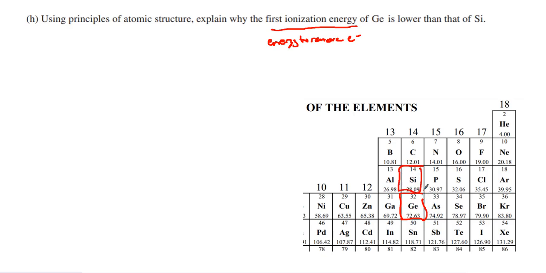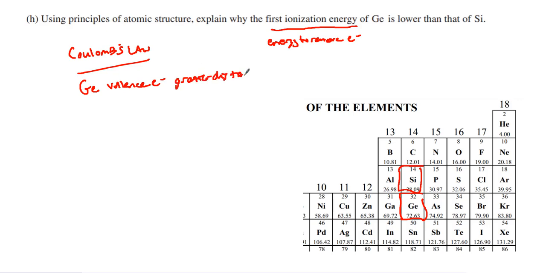If you are part of MrRating.com, this is a vertical trend. And germanium, you can see, this is coming down to Coulomb's law. Coulomb's law is a very, very, very important law. And you can see germanium's valence electrons are at a greater distance as compared to silicon.